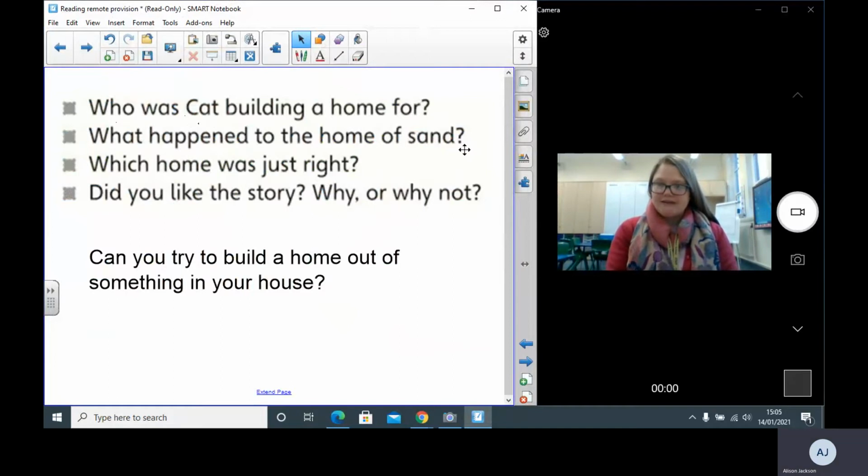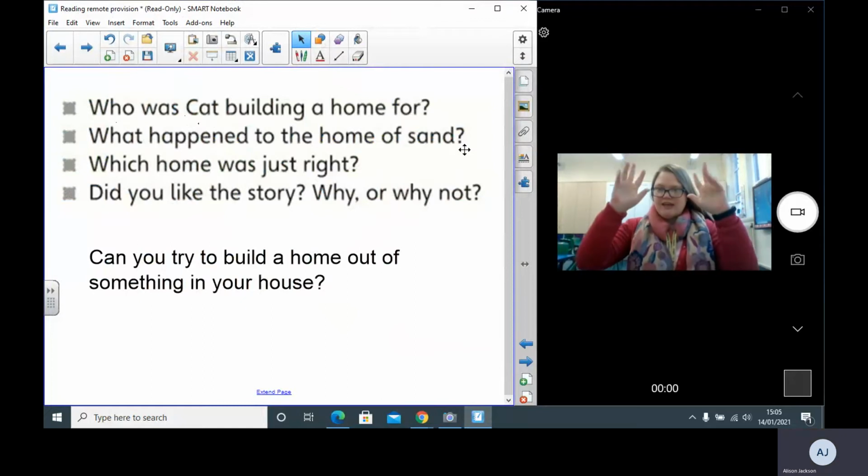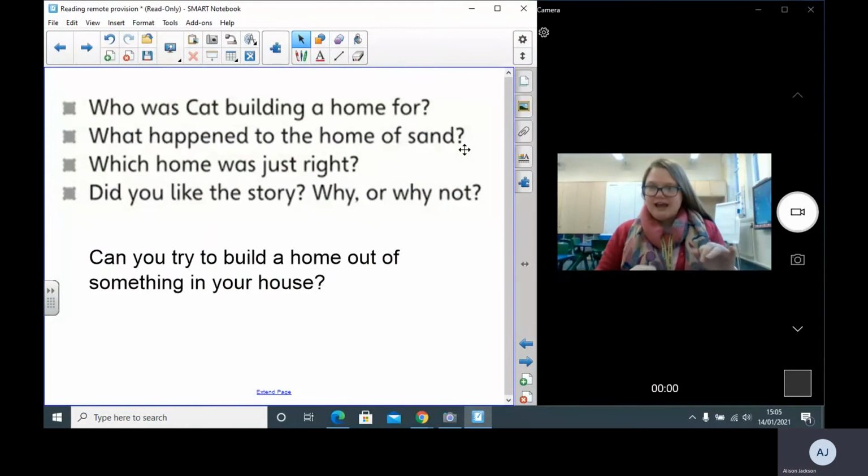Can you remember? The home of sand had the rain fall on it and then it dissolved, it fell down, didn't it? Okay, so the rain destroyed the home of sand.